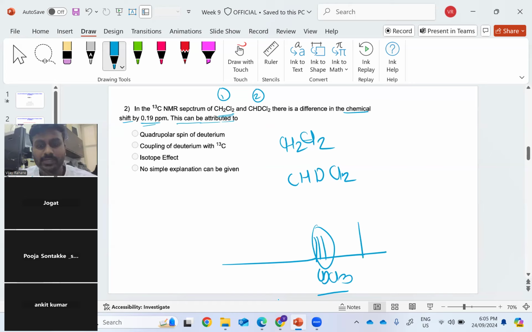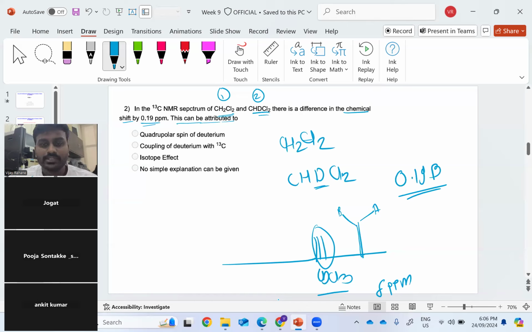If you have the same compound where one hydrogen is replaced by deuterium, we observe a slight shift. This is for the B molecule, this is for the A molecule. There is a slight shift, these are the delta values in ppm, and this difference is about 0.19 ppm. So why is this difference there?